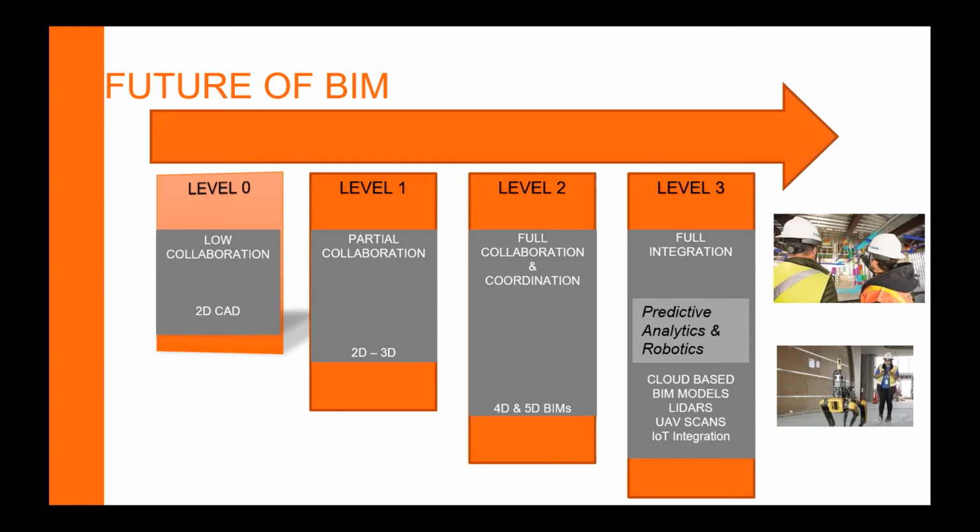I believe Art will mention this, LiDARs, because don't get me wrong, building information modeling is not just for new buildings. For existing buildings, you can also utilize this methodology by using point clouds, laser scanning, drones, or Internet of Things integration. You can benefit from this.